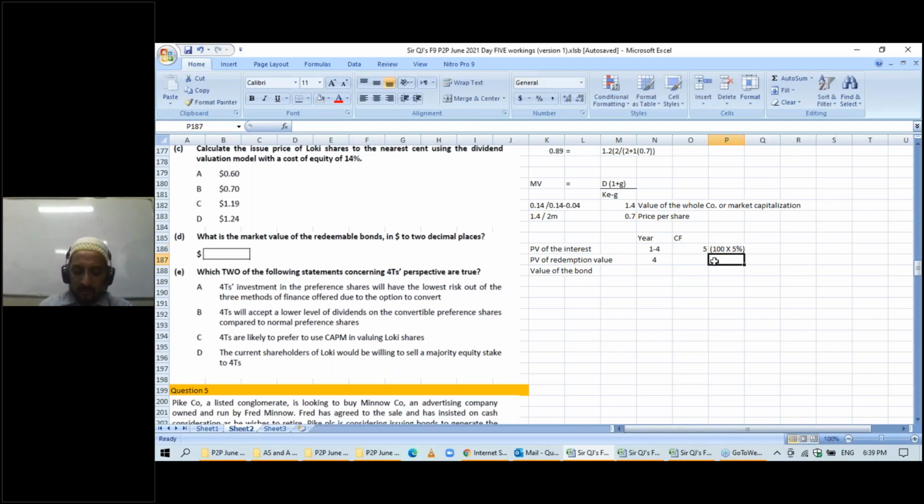And the redemption amount is the face value. If the redemption amount is different, and if it bears a premium above the face value, they will mention it in the question. So this amount is 100.